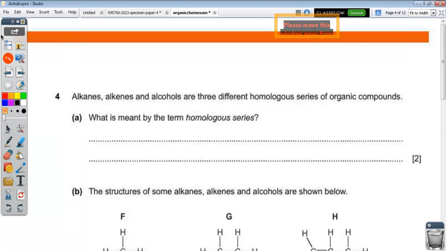Maybe, that's correct. So it's a group or a sequence of compounds with the same functional group and similar chemical properties. Clear? That's a homologous series.